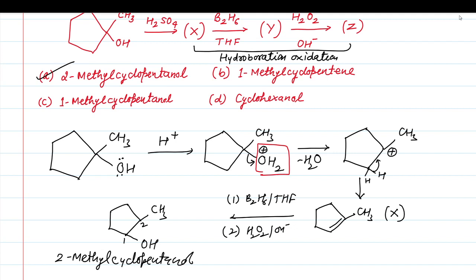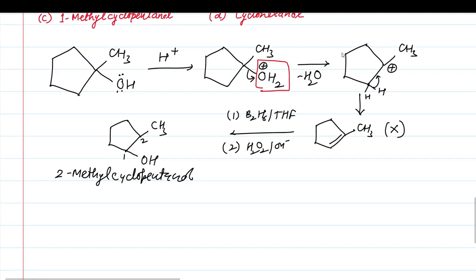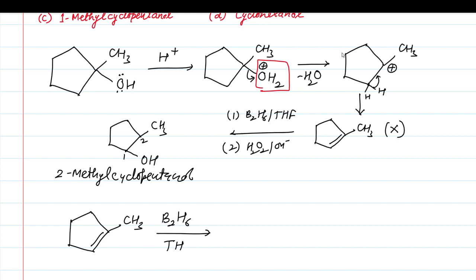Now let us discuss it in detail. As I already said, once this alkene is formed, we have got the answer, okay? But to study in detail, B2H6 in THF.